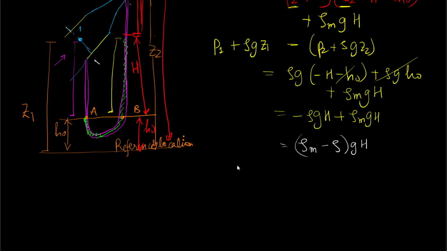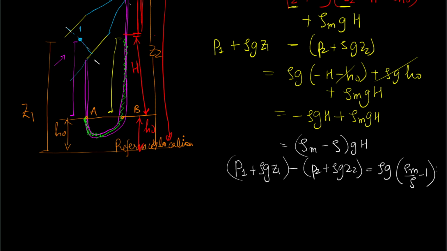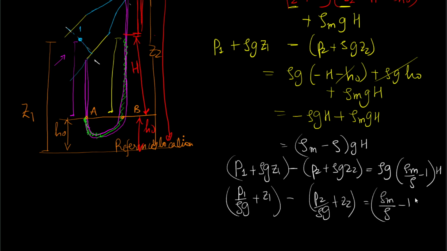And therefore P1 plus rho G Z1 minus P2 plus rho G Z2 is equal to, if I take rho G common, rho G times rho m upon rho minus 1, times H. If I divide everything by rho G to convert it from pressure to head, I obtain P1 upon rho G plus Z1 minus P2 upon rho G plus Z2 is equal to rho m upon rho minus 1 times H. So this actually gives us the difference in the piezometric pressure.